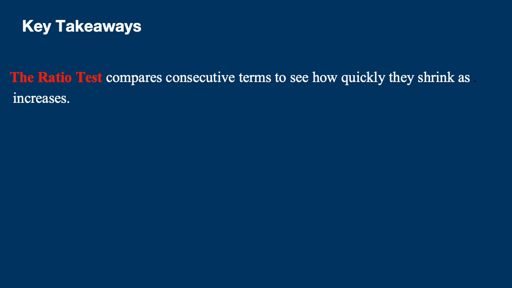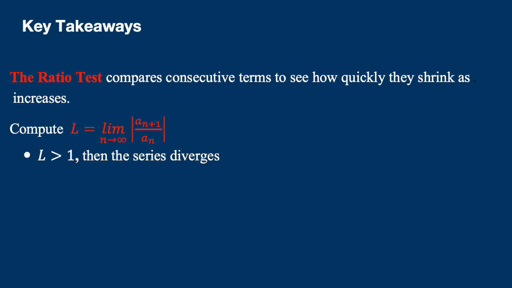What did we learn in this session? We learned the ratio test. The ratio test compares consecutive terms to see how quickly they shrink as n increases. We calculate the L value, the limit of the ratio a_(n+1) over a_n. If L is greater than 1, we say the series diverges. If L is less than 1, the series converges absolutely.